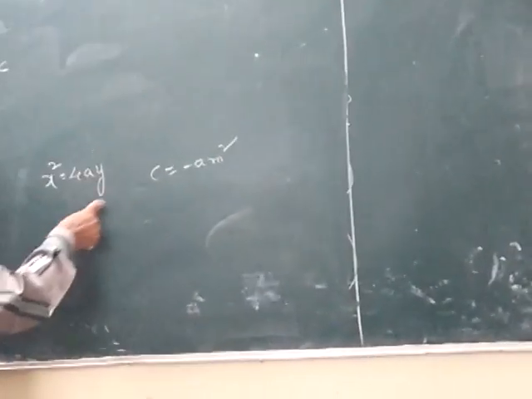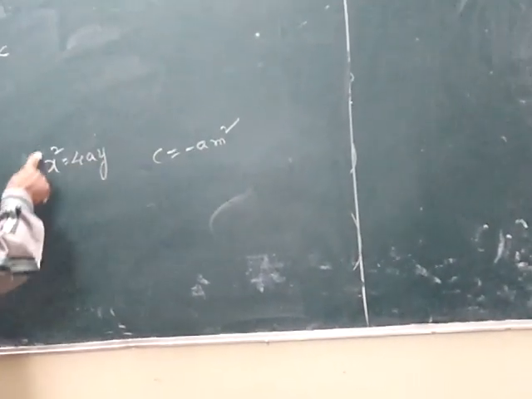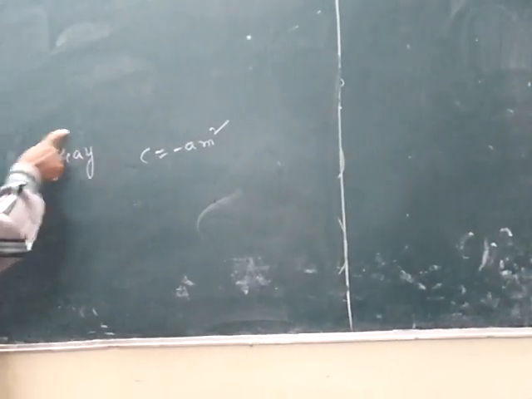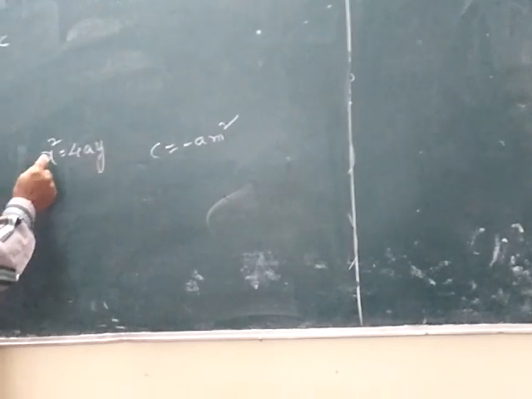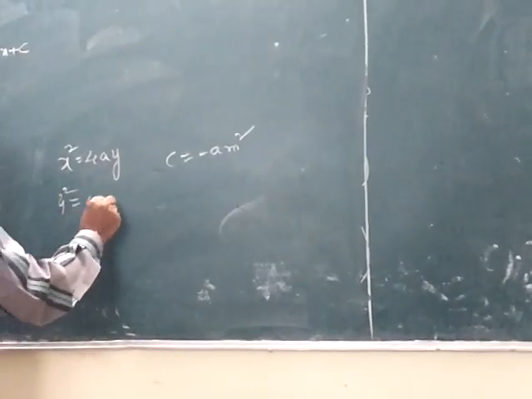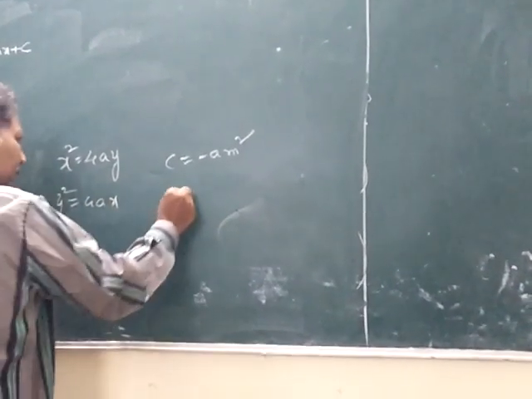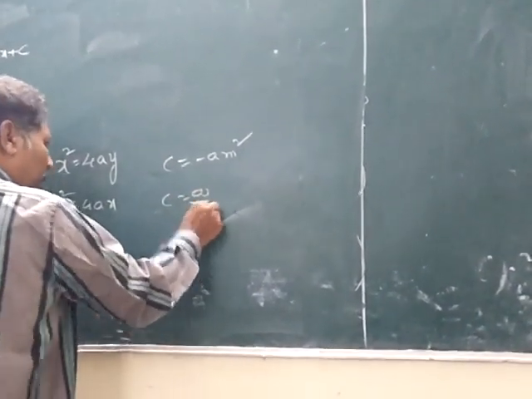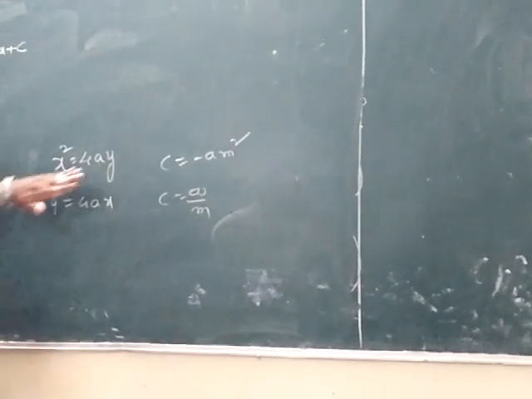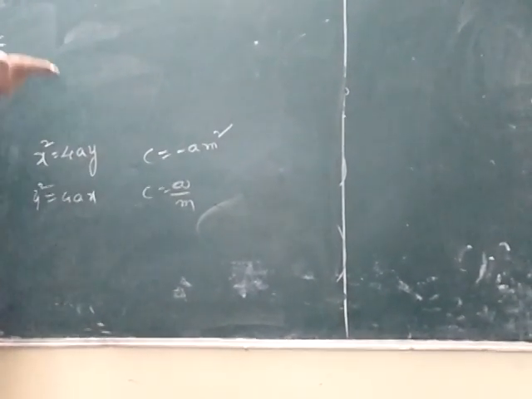In the morning class, given parabola is y square equal to 4x. Note that point. Morning class, parabola equation is y square equal to 4x, condition is c equal to a by m. But in this problem, given this parabola, line is same.